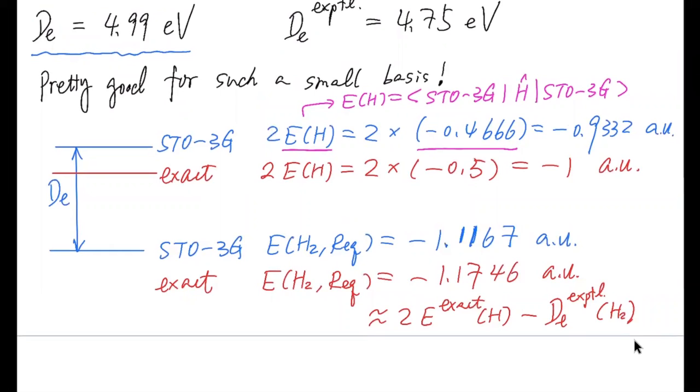This is one way to get the exact answer for the hydrogen molecule. But you will say this is not first principle because you use knowledge from the experiment. You're right. So a truly first principle way to get the exact energy of the hydrogen molecule at the equilibrium distance is first you do a Hartree-Fock calculation, then you include all the possible configurations that can be generated by the Hartree-Fock ground state Slater determinant.